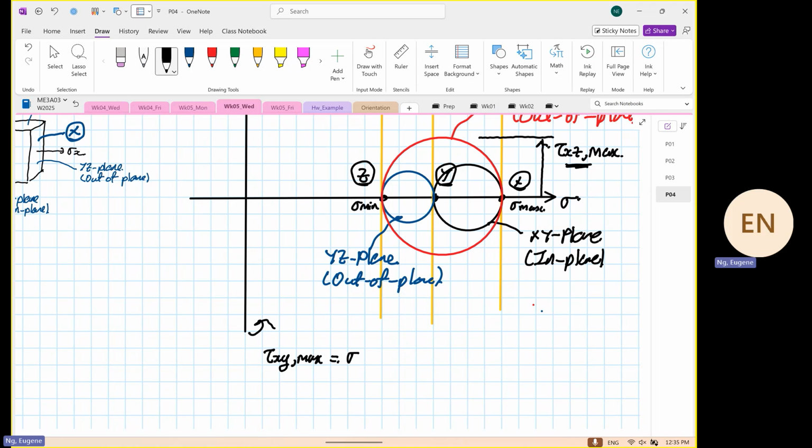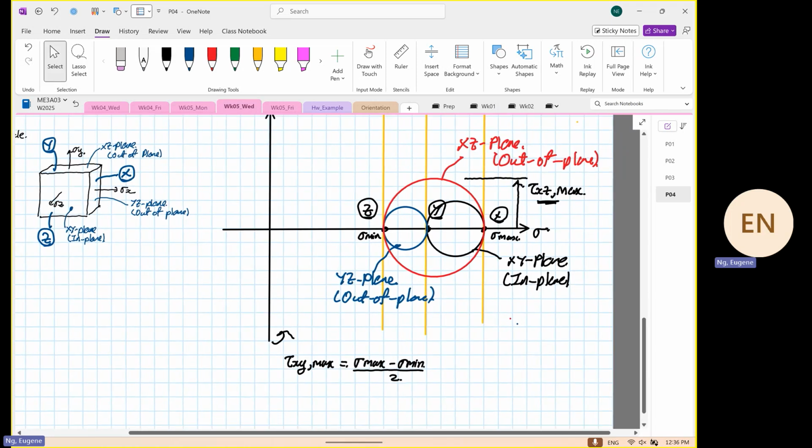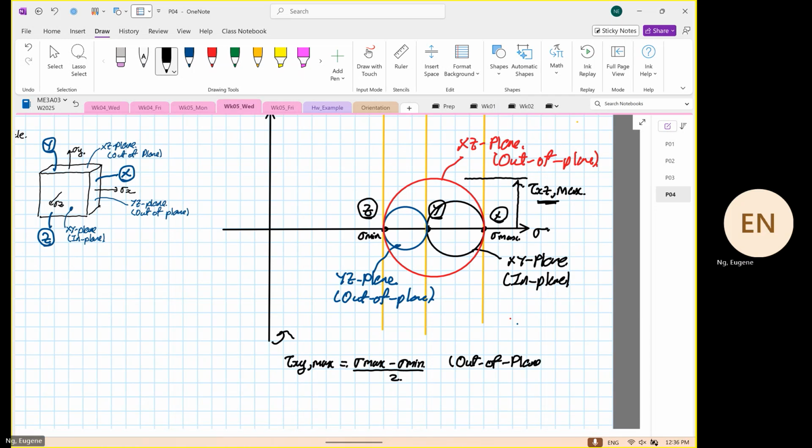We know this will be equal to stress max minus stress mean divided by 2. Okay, and we are aware that this is also our what? Out of plane. Okay, so you can see for 3 conditions, one condition, the maximum stress is in plane, the other 2 are out of plane. Okay, so let's start off drawing the 3D Mohr circle.